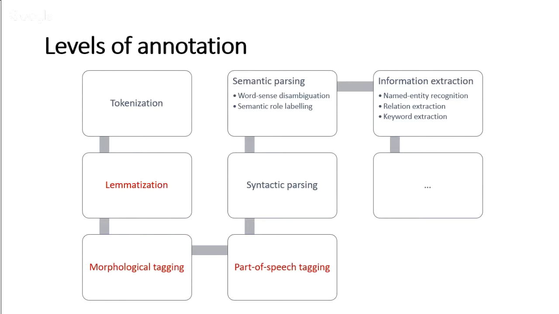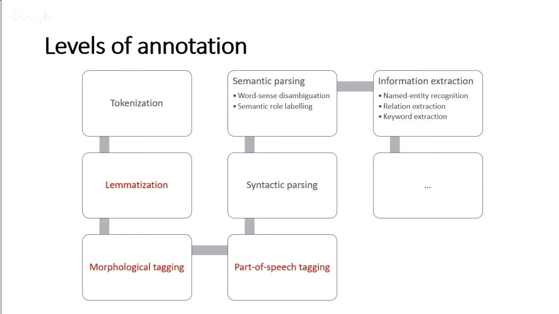Once you know which words are the nouns and the verbs and which ones are subjects and objects, you can go on to looking at the meaning of the words in context, for example, finding synonyms of words, or finding the role played by the different entities in the sentence, for example, the patients, the agents, the actions, and so on.